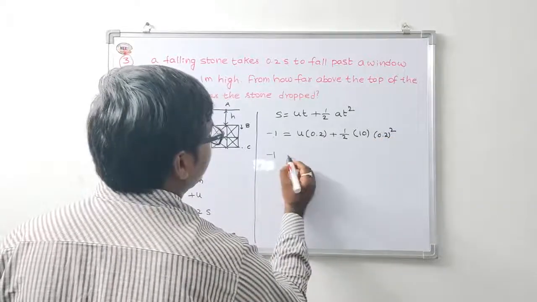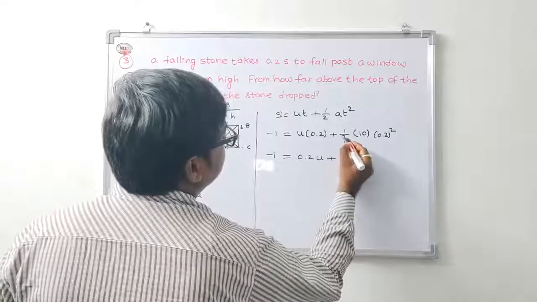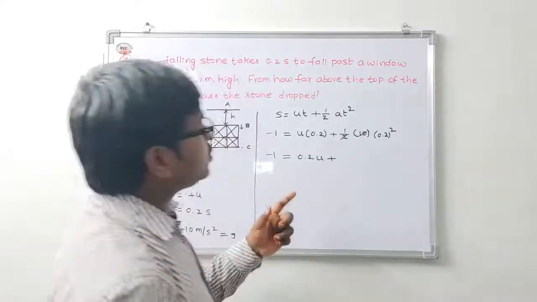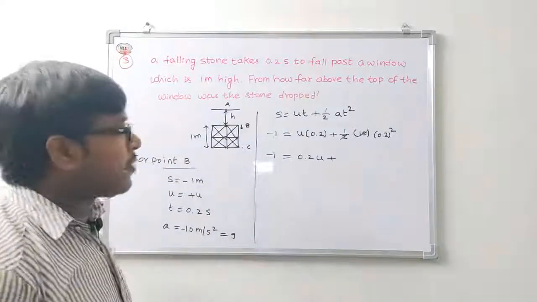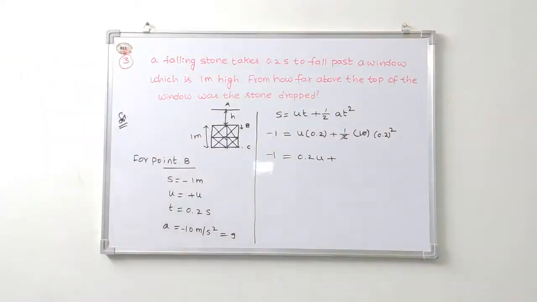So minus 1 is equal to 0.2 into u plus, the 2 cancels, 5 into 0.04, that value is 0.2.